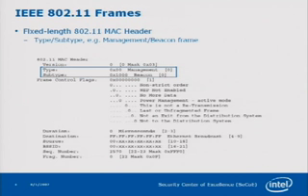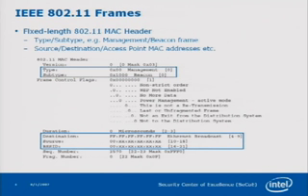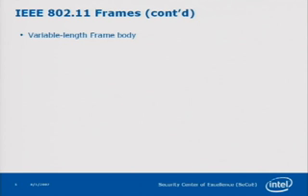It contains type and subtype information, for example, beacon subtype of management type frame. It contains source, destination, access point MAC addresses, BSSID, and some other information. The MAC header is followed by the variable length frame body, also defined by the MAC-PHY specification.